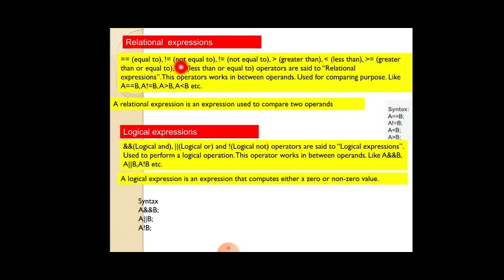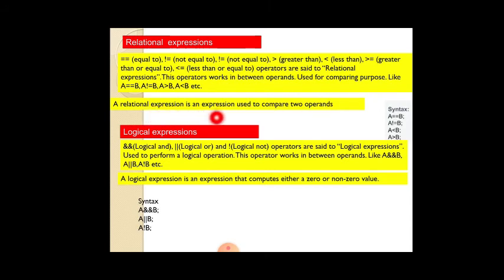Next is relational expressions: equal to, not equal to, greater than, lesser than. In this expression we are going to compare two operands, we are going to test the two operands. These operators work between the operands and are used for comparing purposes.